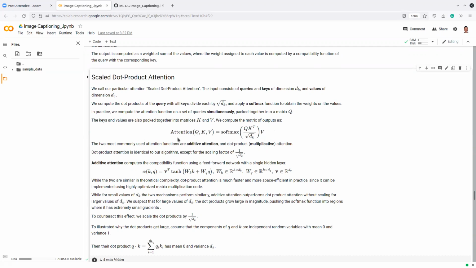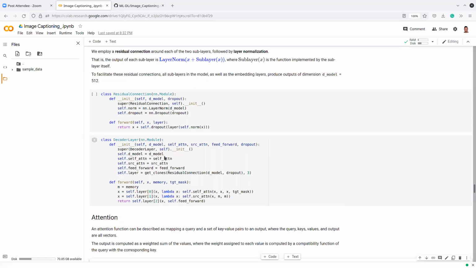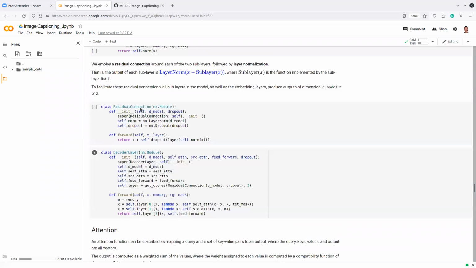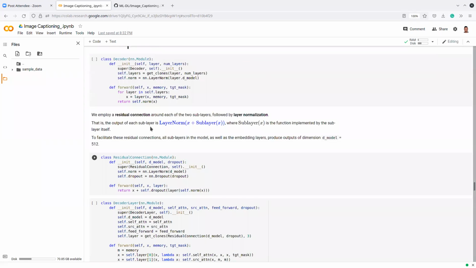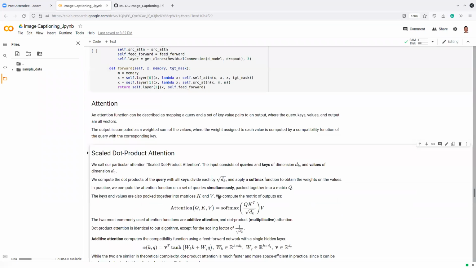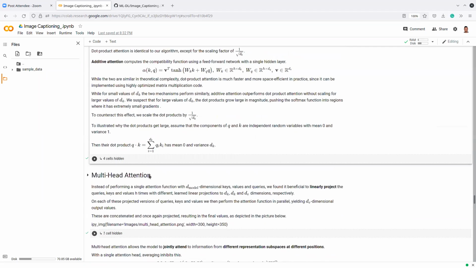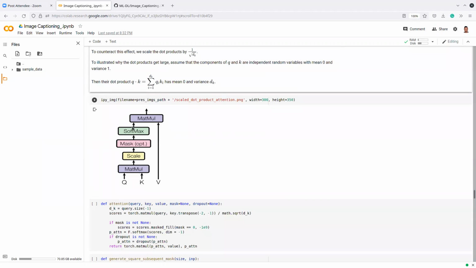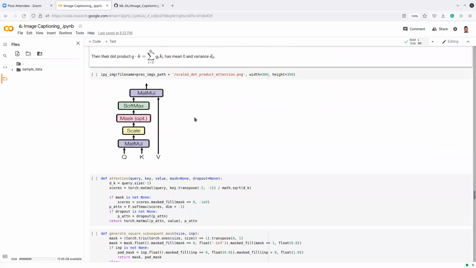This is how the attention is built. In the first sublayer here, the query, the key and the value are the captions. And in the second one, the query is from the caption that we are generating, and the key and the value are from the feature vector of the image. And this is a diagram of how the attention model is working.